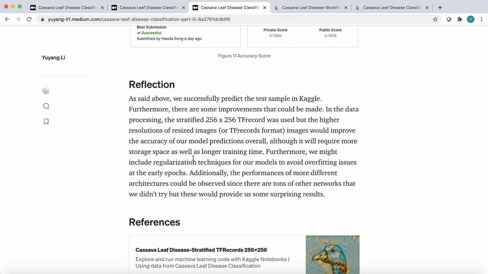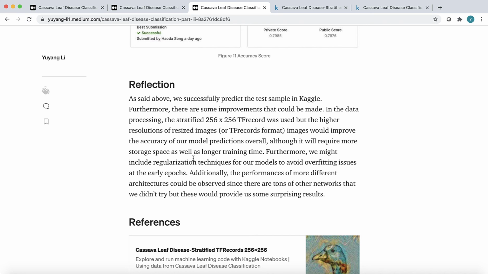First thing is that in the data processing, the stratified 256 by 256 TF record data was used in the current prediction. However, due to the limitation of RAM, we hope to have higher resolution resized images or TF records data to increase the prediction accuracy in later experiments.